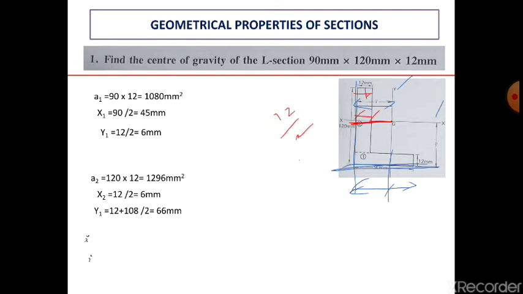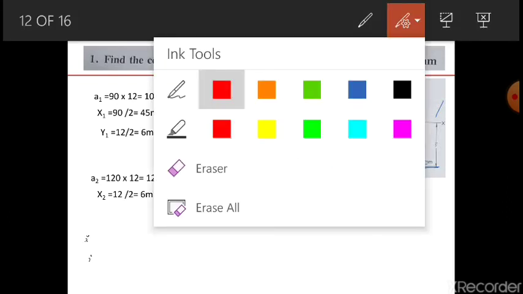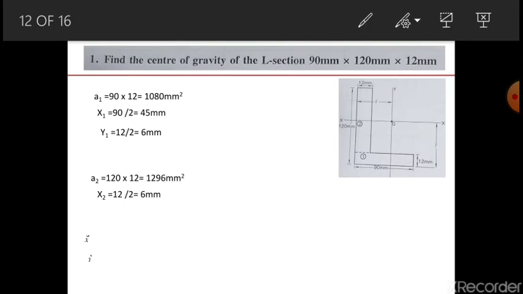If you can see here, the total length is 120 including the 12 mm width of the first section.